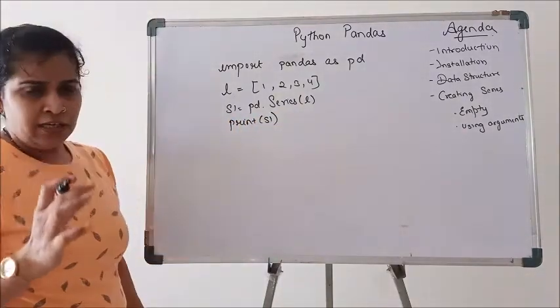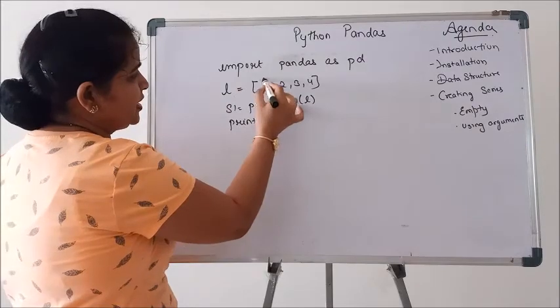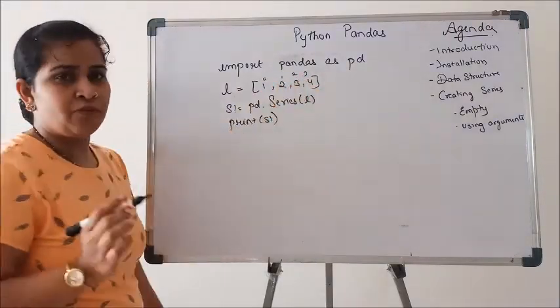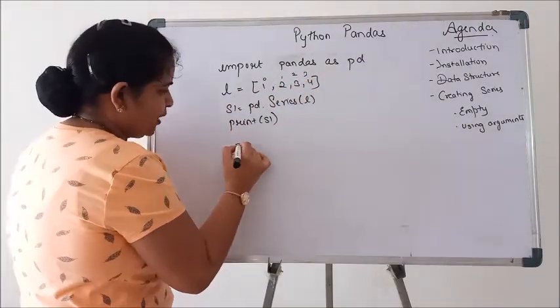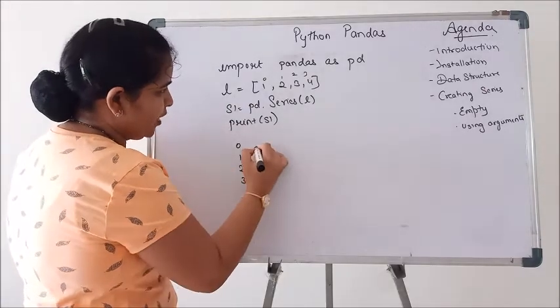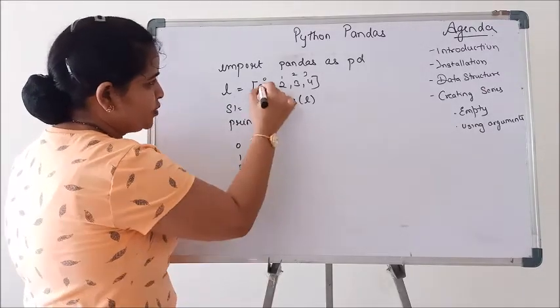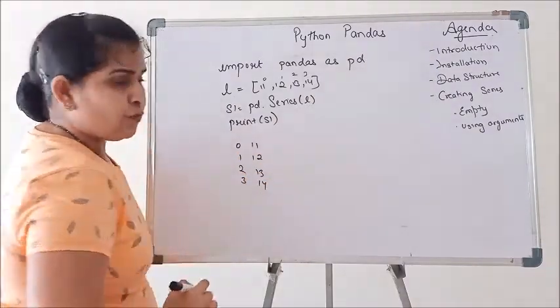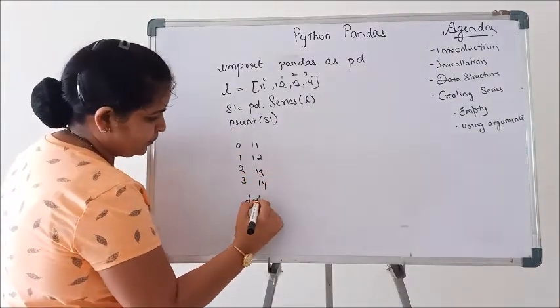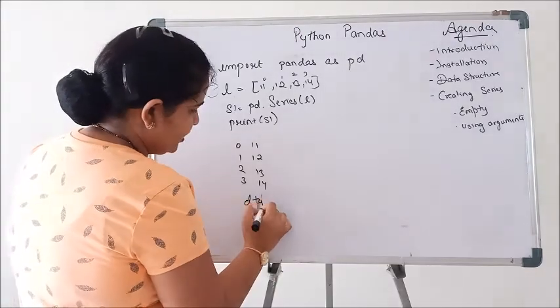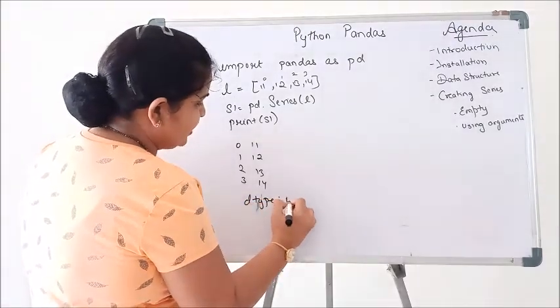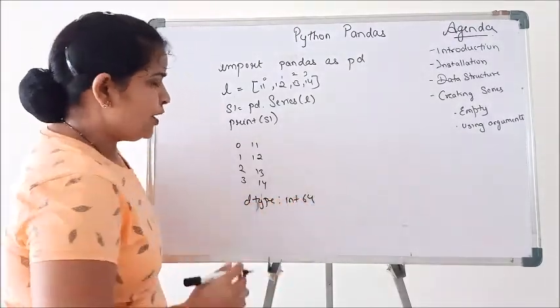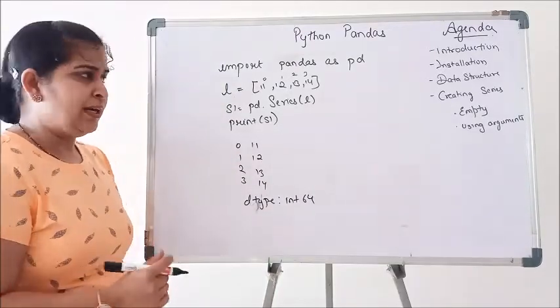See, each and every series has an index 0, 1, 2, 3, that is the default index. When you print it, 0, 1, 2, 3 will be printed. Suppose I am writing 11, 12, 13, 14, and the dtype will be int64. In this way the series can be printed.